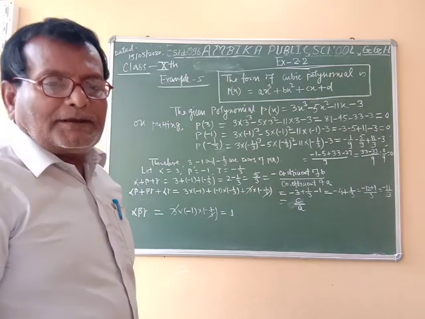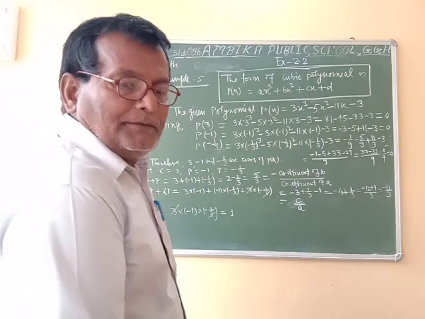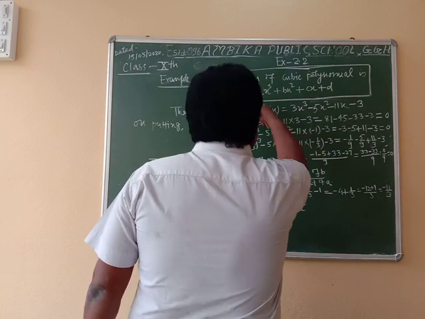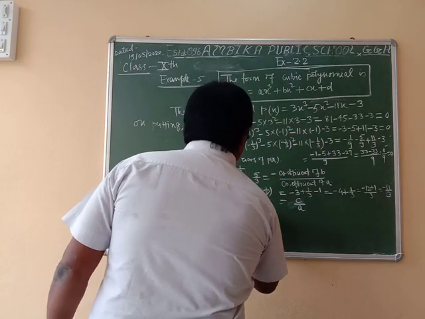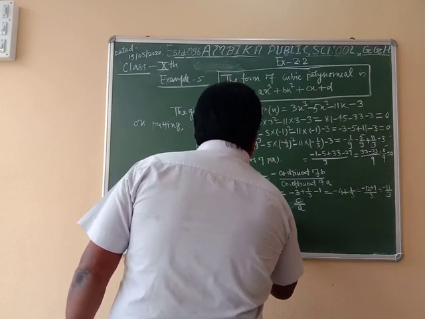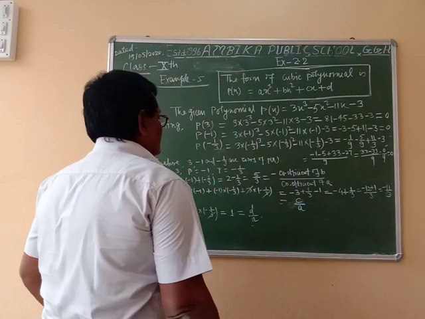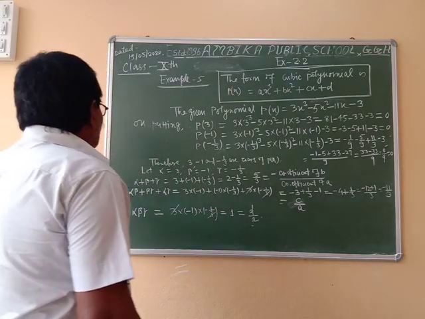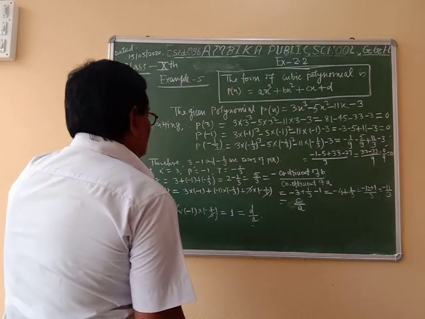For 1 we can write d by a. So this is the relation between zeros of the polynomial and the coefficients of the polynomial.